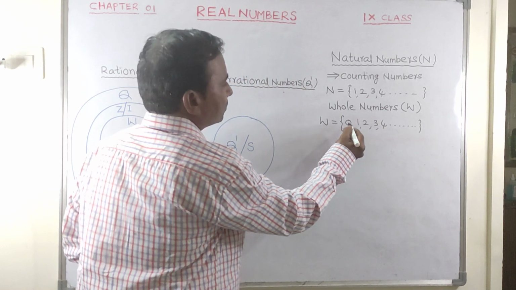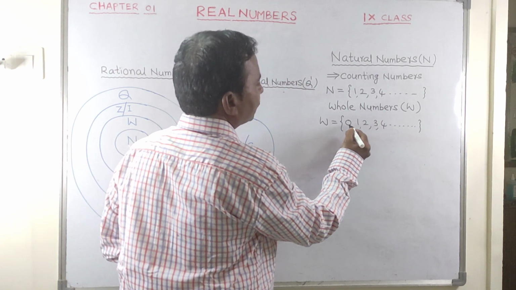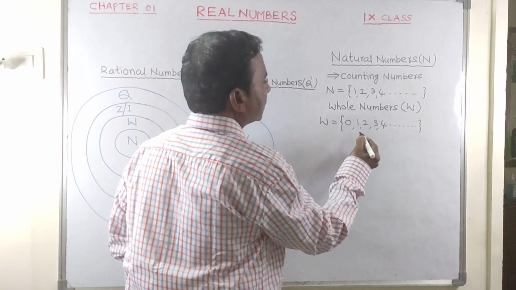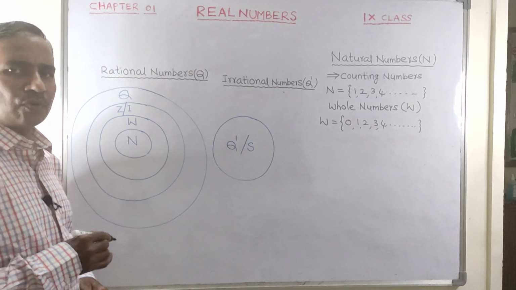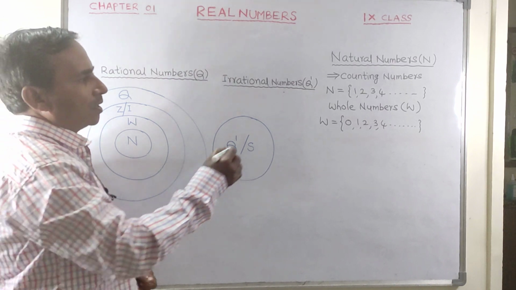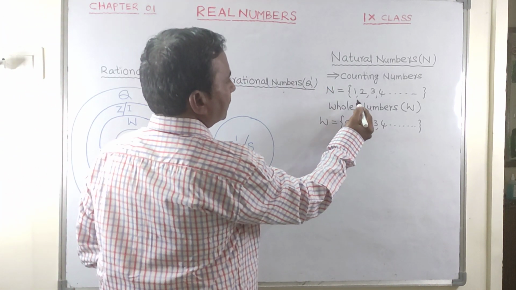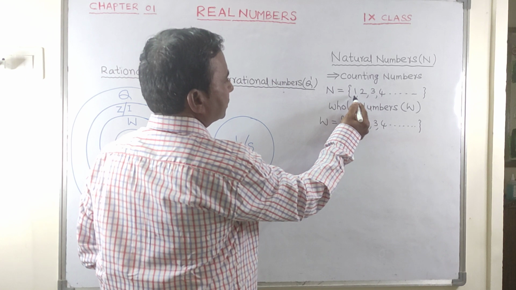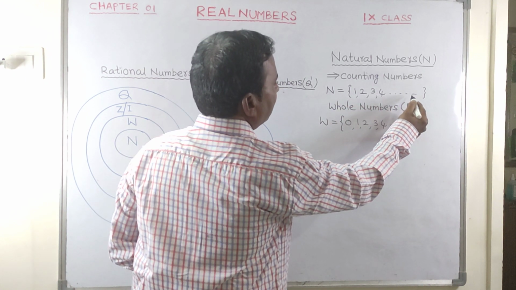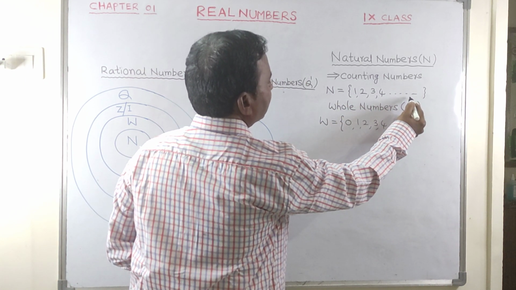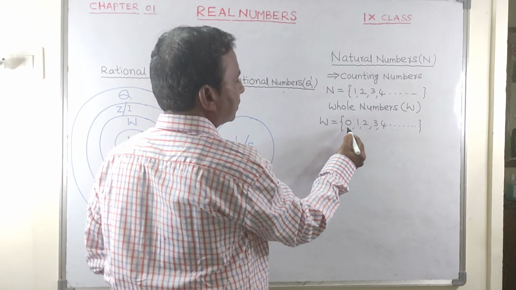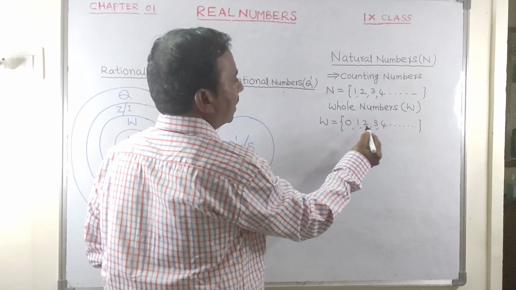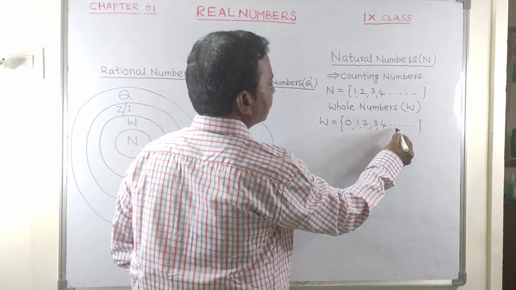Means from 0, if you take 0, 1, 2, 3, 4, then the set of numbers we call whole numbers. So what is the difference here? The smallest natural number is 1, and there are infinitely many natural numbers, up to infinity. And here the smallest number is 0, and these values continue up to infinity.